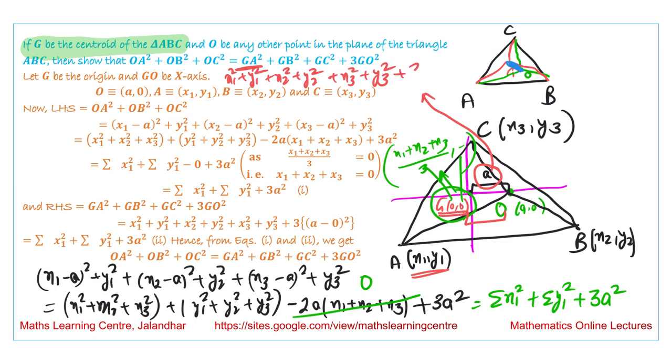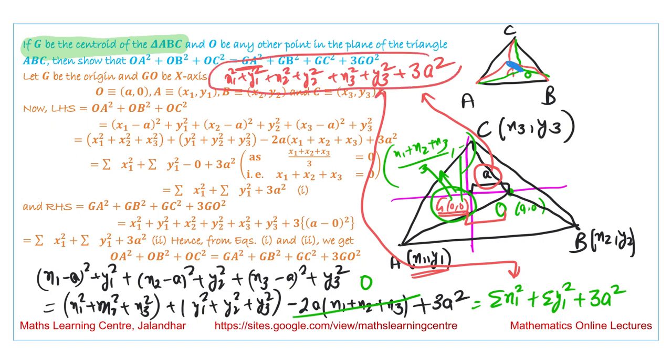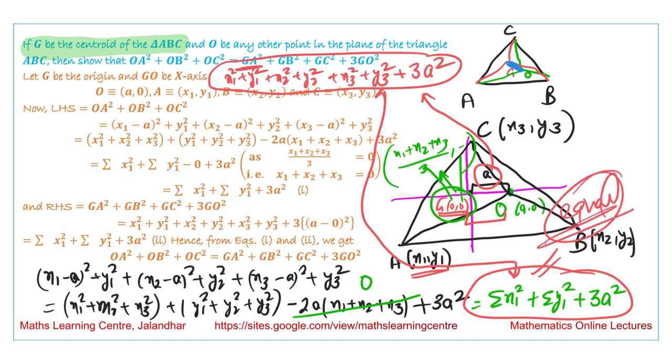So we get plus 3 times a square, and we can see that both these values are equal, and this is what we have to prove in this question.